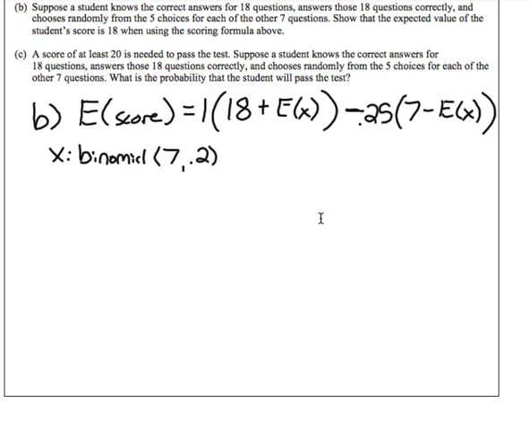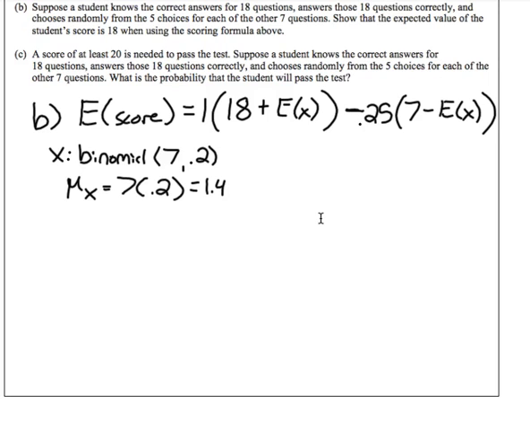Okay, now on the formula sheet, you're going to see below the probability section, it talks about if x has a binomial distribution, then the mean of x is going to be the number of trials times 0.2, or times the probability.